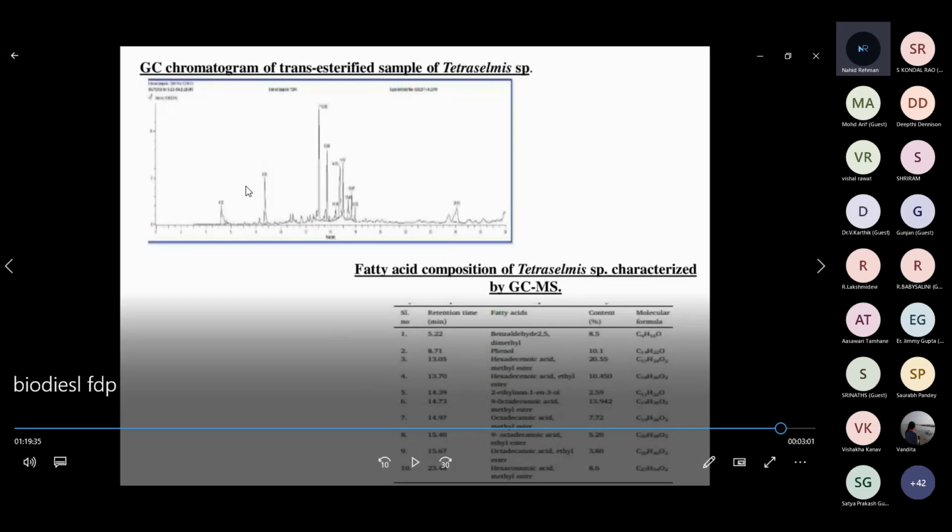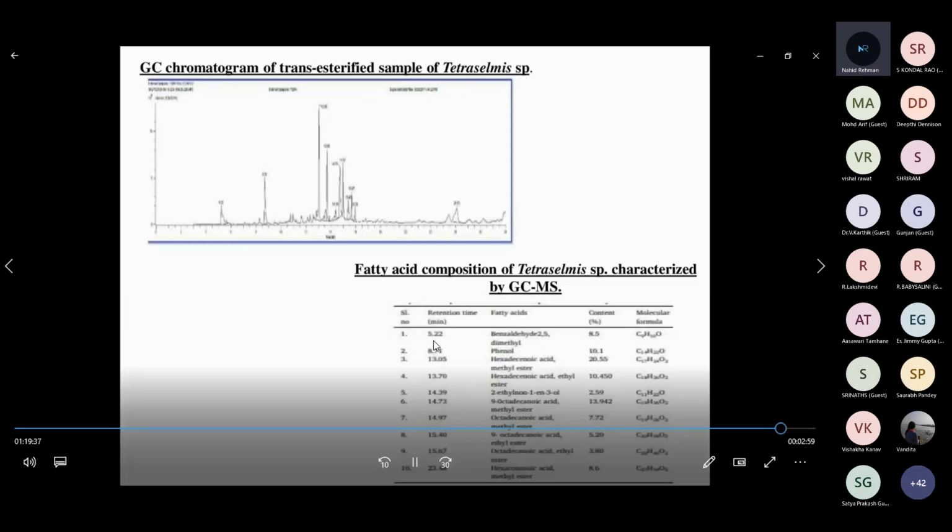You can see here the peaks of the GCMS, which is showing the presence of different transesterified biodiesel components, and by name it is identified at different retention times, like benzaldehyde 2,5-dimethyl. At 8.7 you get phenol. At 13 point something you got the hexadecanoic acid ethyl ester. So like that you obtained the different biodiesel components.